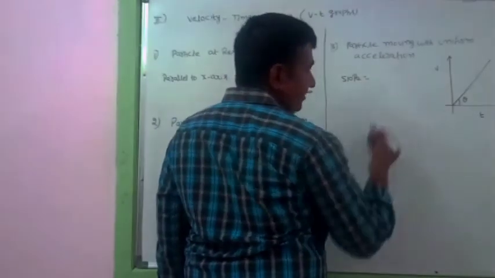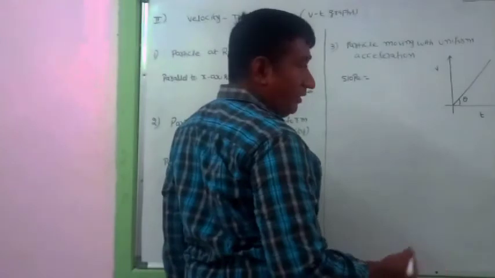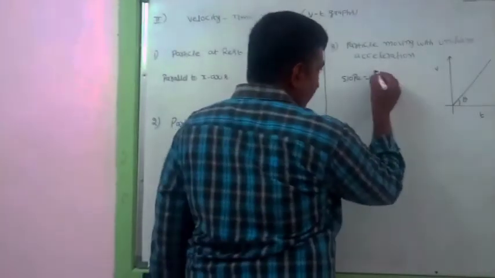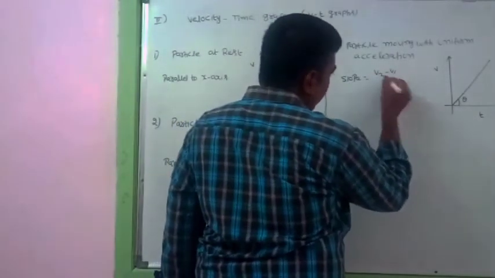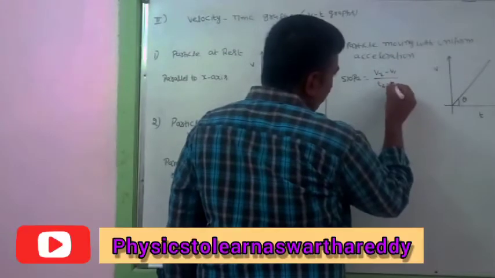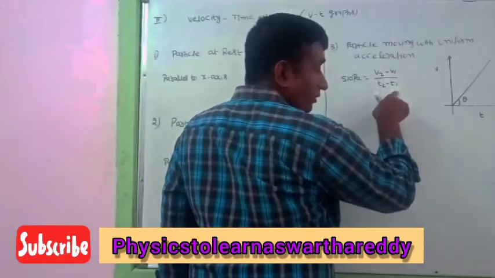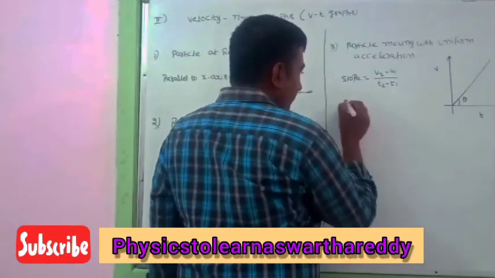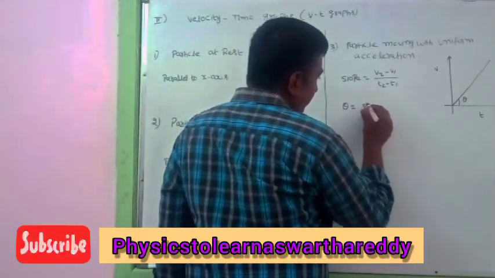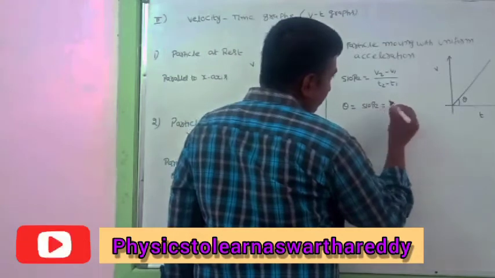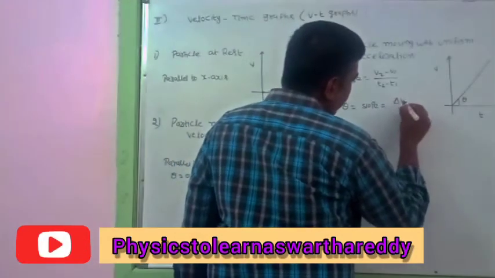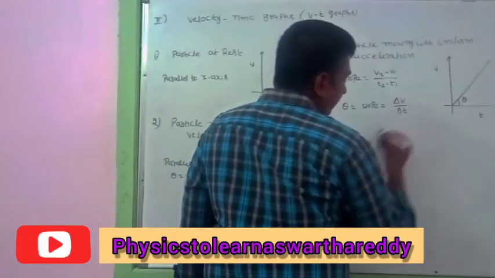In the previous case I said slope is y2 minus y1 by x2 minus x1. Here I am writing directly v2 minus v1 by t2 minus t1, where v1 is the initial and v2 is the final velocity, t1 is the initial and t2 is the final time. So slope is delta v by delta t.